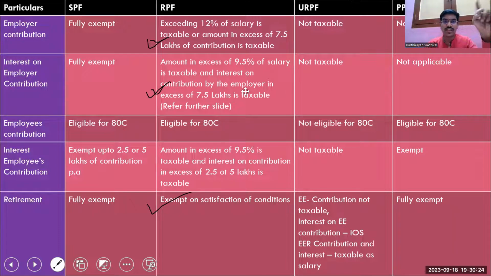First situation, if it is more than 12% of your salary, it is taxable. Second situation, contribution 7.5 lakhs க்கு மேல cross ஆயிடுச்சுனா taxable. So either of these cases நடந்துச்சுனா அந்த இது taxable. ஆமா. In excess of 12%, 12% க்கு மேல இருக்க amount tax பண்ணனும். 7.5 lakhs க்கு மேல போச்சுனா 7.5 lakhs க்கு மேல இருக்க amount க்கு tax பண்ணனும்.